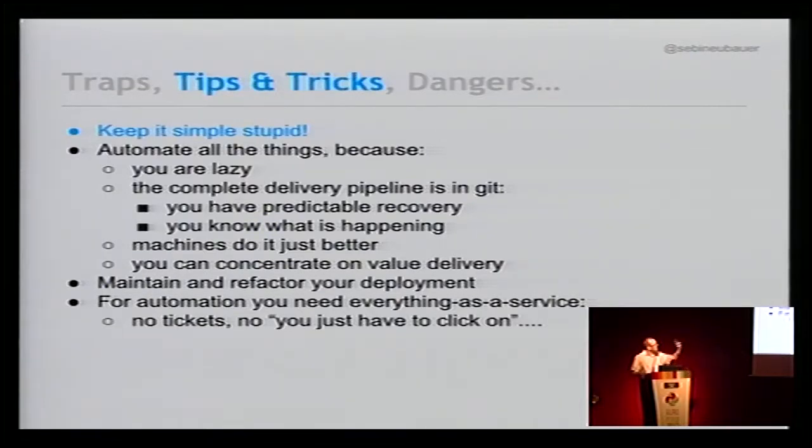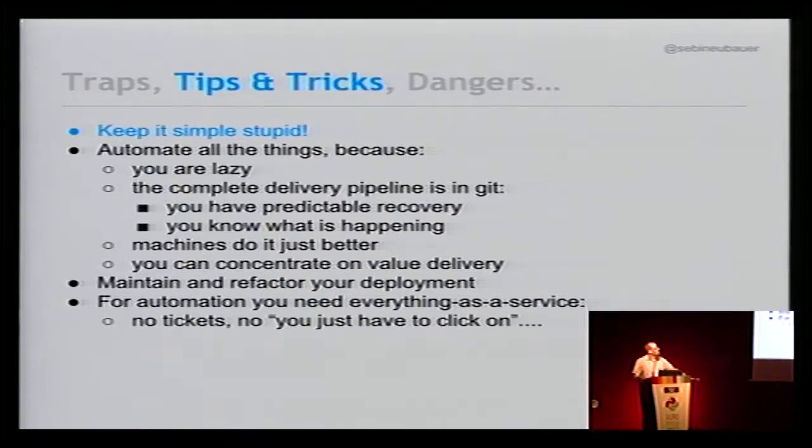Your complete delivery pipeline from idea until customer is in version control. So you have, for example, predictable recovery. So you know, if Amazon goes down, you can deploy somewhere else in another region because you know everything is in version control, there's nothing missing.